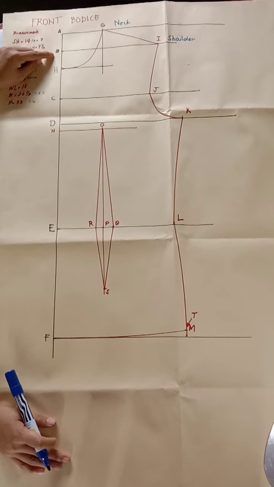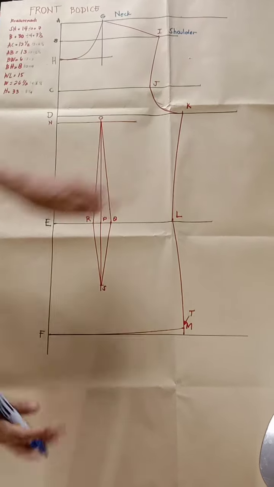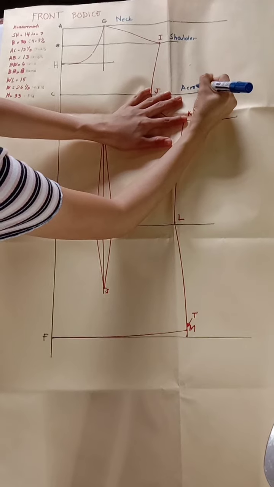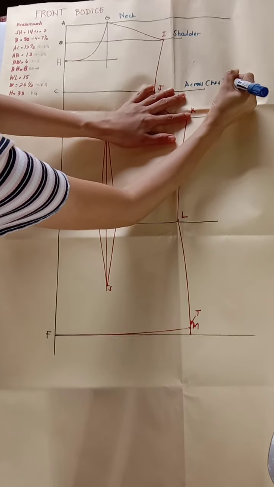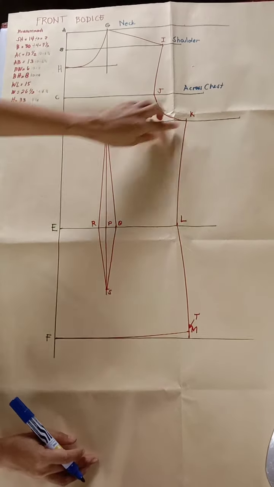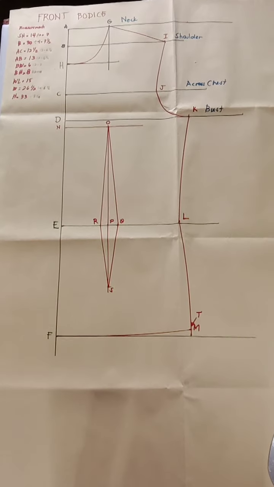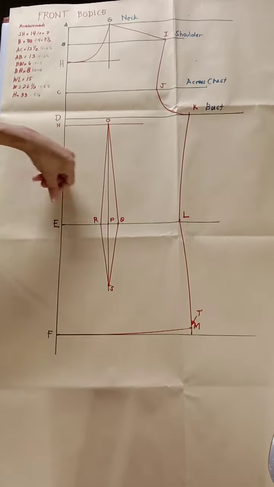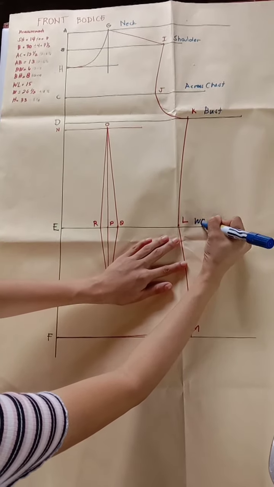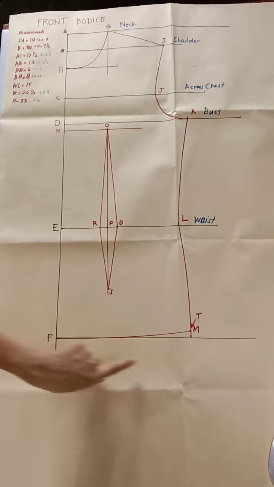Next naman, itong line na to, point C, nakakonect yan sa ating across chest. The next line naman is sa ating bust. Yung line naman ng E, nakakonect sa ating waist. And yung last line naman, nakakonect sa ating hips.